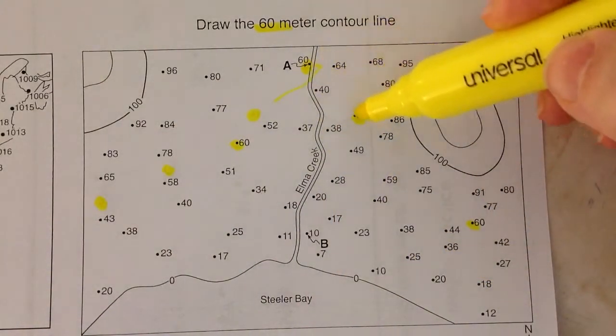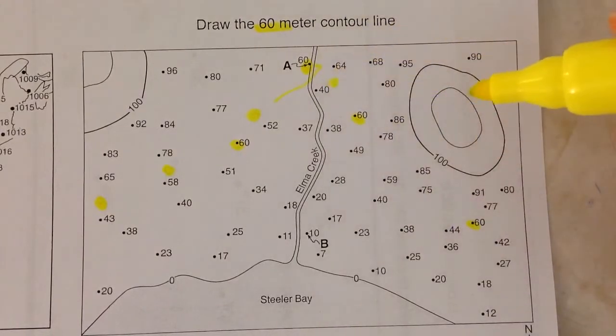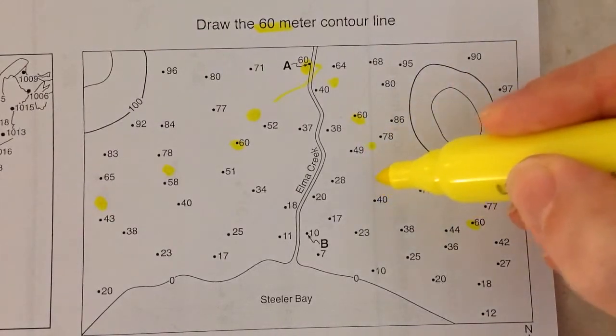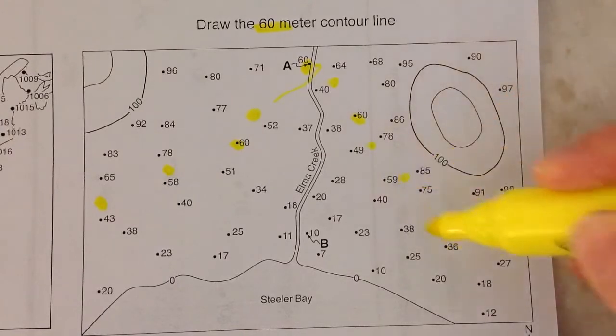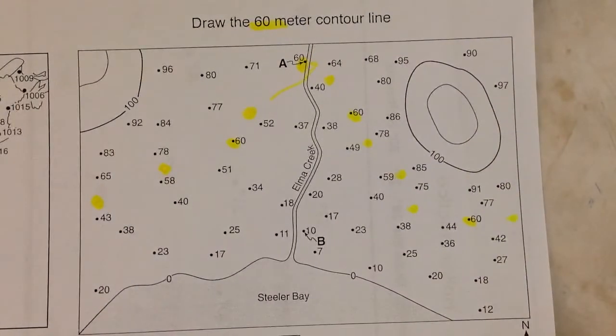Now I'm going to bring it down the eastern side of the map. So I'm going to come between the 40 and the 64. That 60 is given to me. Between the 49 and 78. Between the 59 and 85. Between the 38 and 75. That 60 is given to me there. And then obviously I'm going to run it off the map.